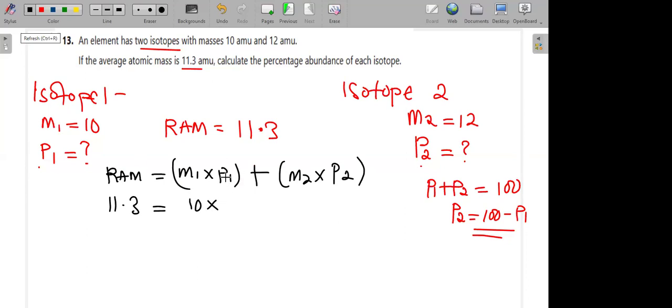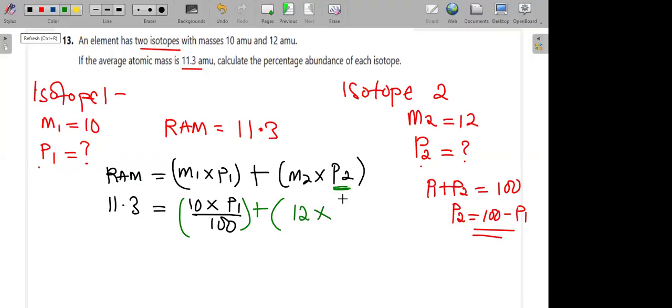P1 is a percentage, so make sure you put it under 100, or you divide it by 100. So this will be P1, and all this is just going to be divided by 100, or you can put the 100 over P1, it's the same. And then plus the mass 2, which is 12, multiplied by P2.